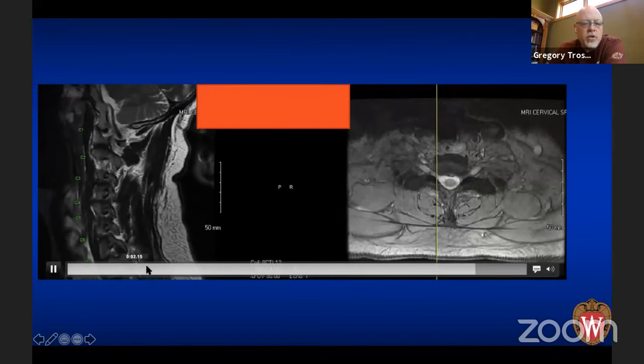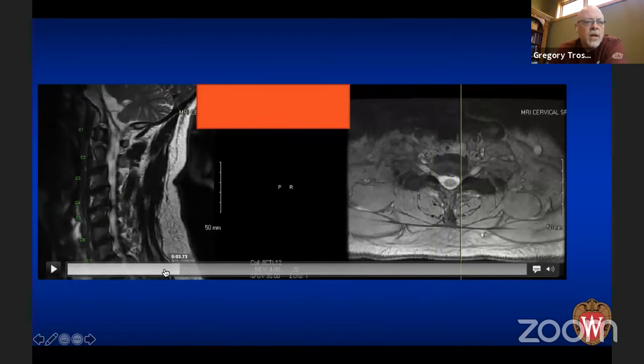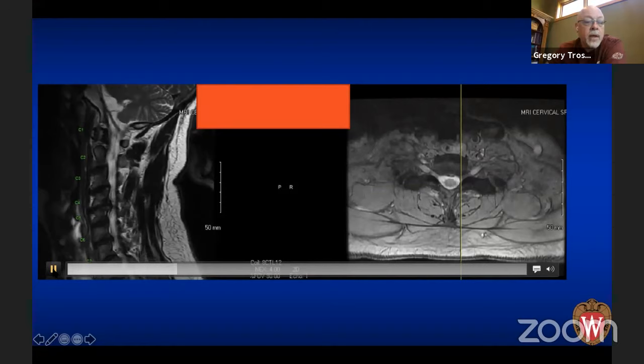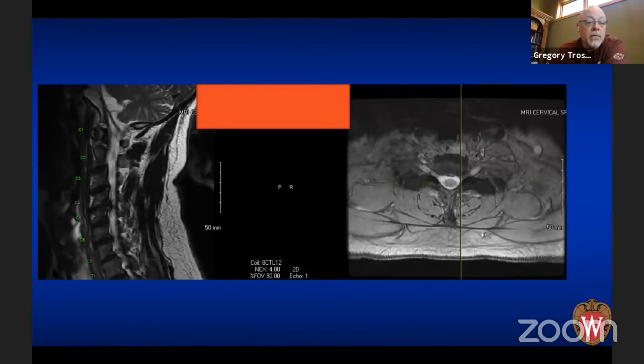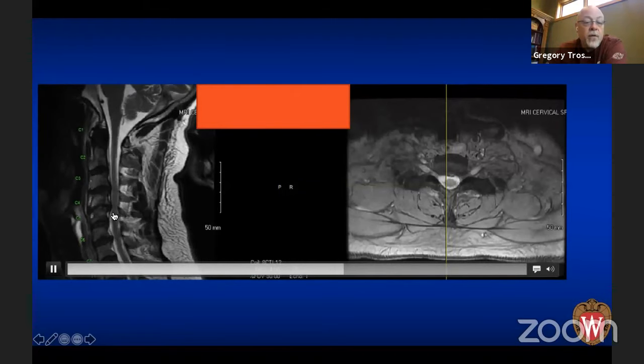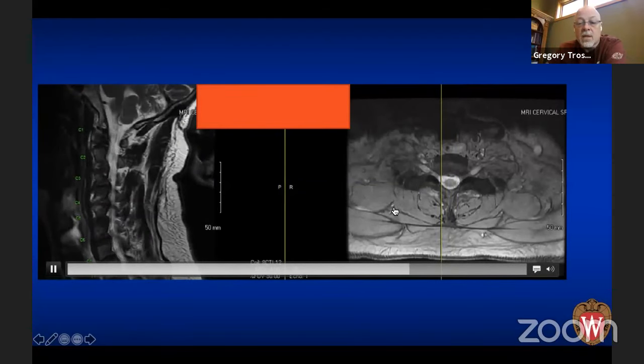What you should notice here is that he mostly has disc disease at C4-5. I'll stop it when we get to the most important image. Here, 4-5, and 3-4 has some disease on his axial images.